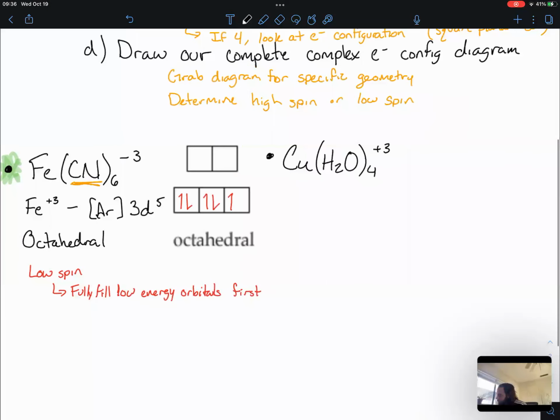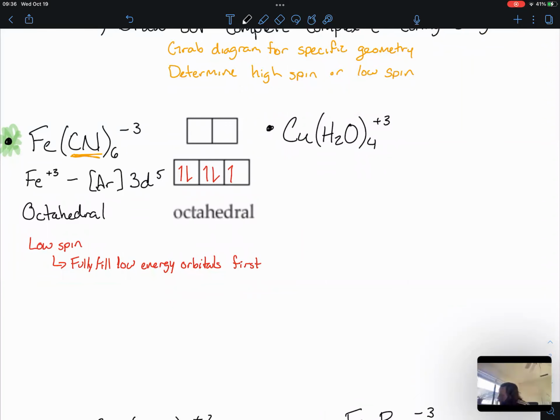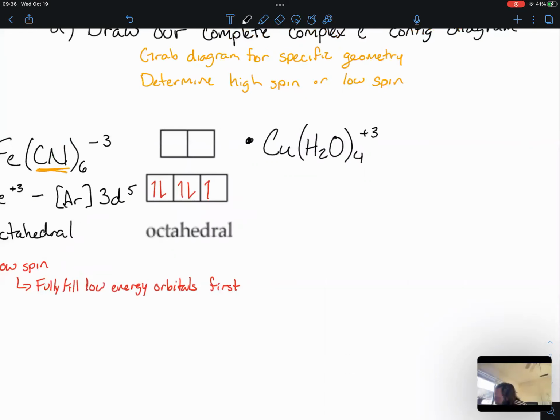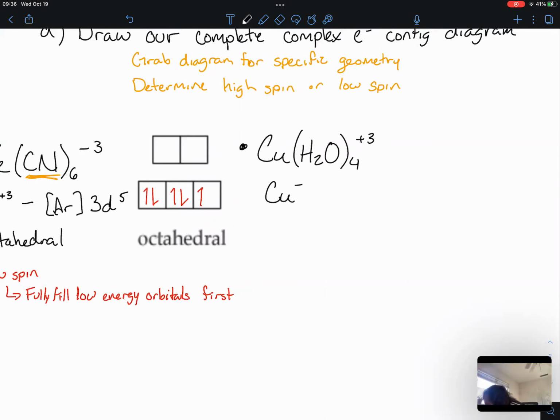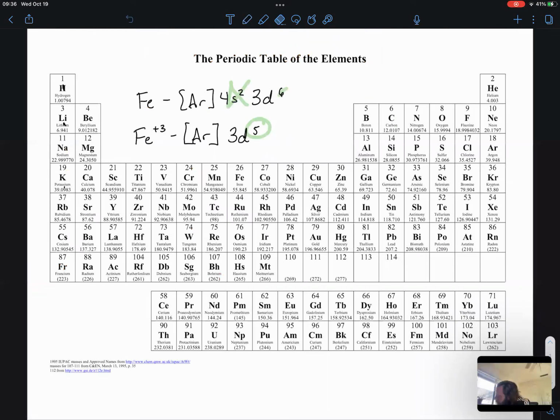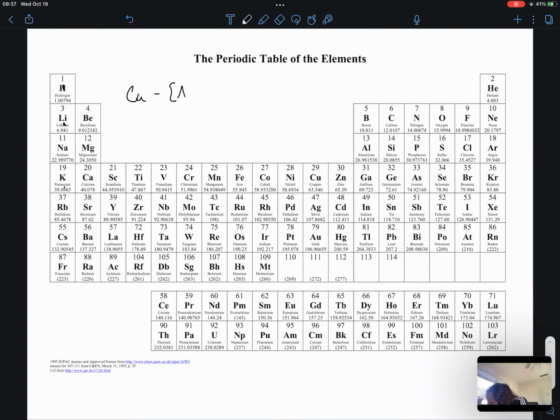All right, so water is a neutral ligand, so that just means that my charge is going to be the same as what it is in the complex, +3. If I go to my periodic table, copper all by itself is argon 4s2 3d9.